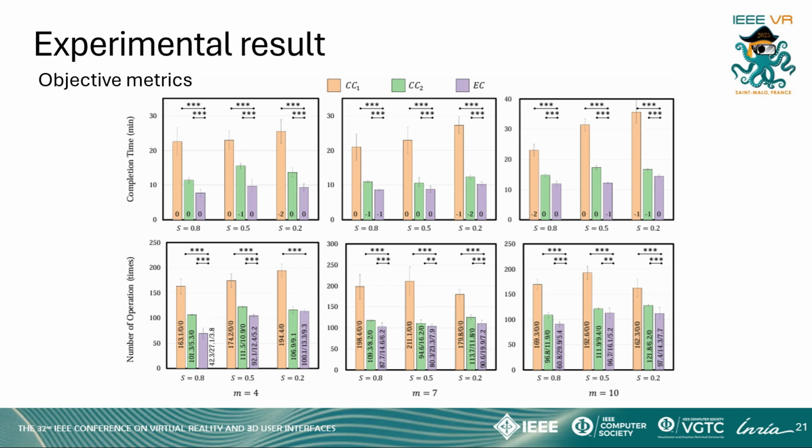Layout orderedness exhibited clearer thresholds, with S equals 0.8 consistently diverging from lower orderedness levels, whereas S equals 0.2 and S equals 0.5 showed no significant differentiation. These contextual dependencies highlight the importance of considering variable interactions rather than isolated factors in optimizing system performance.